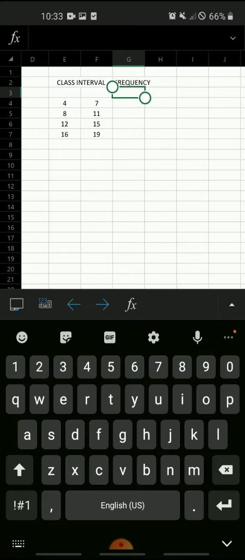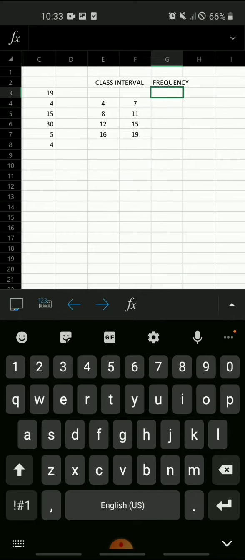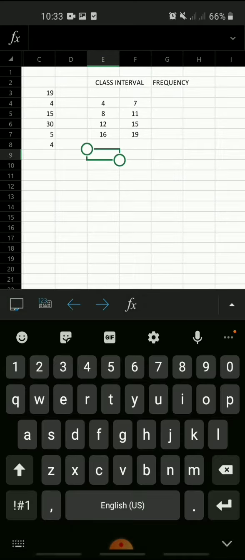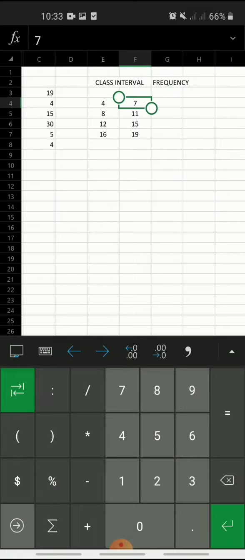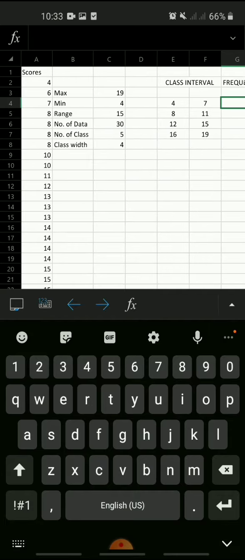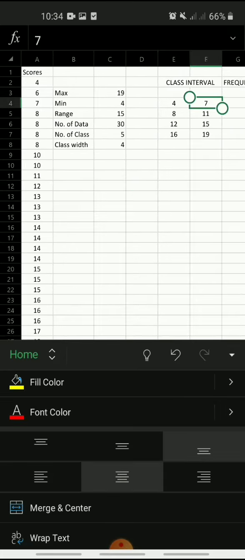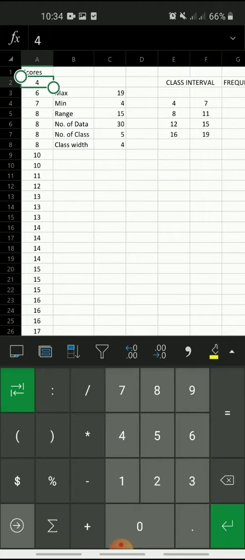So, based on the class interval, we count in our data from 4 to 7, and that gives the result for frequency. So, counting from 4 to 7: 1, 2, 3.